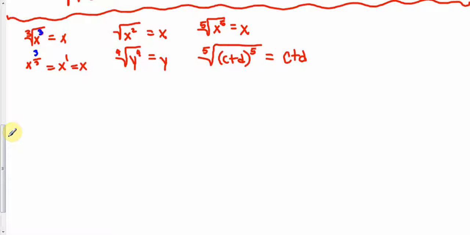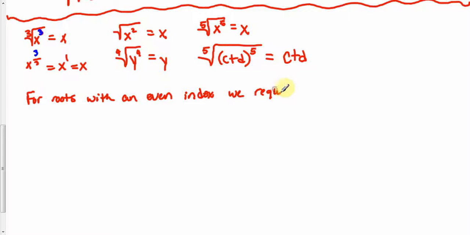So number 11, where it says 4 roots, this is on page 373 in your workbook. It says for roots with an even index, we require the answer to be what? For roots with an even index, we require the answer to be positive.